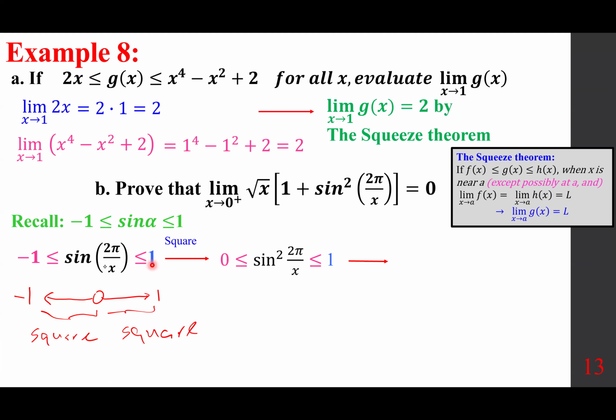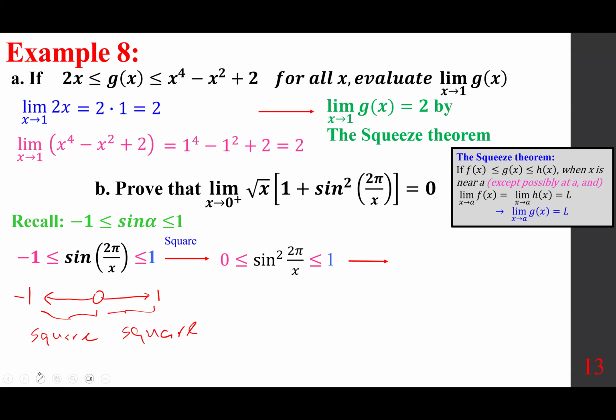If both numbers are positive, for example, this is 2, this is 5, this becomes 4, this becomes 25. But when the number is between negative and positive, then you keep the 0 on one side. Which one do you use when you square? You square both of them, and you keep the larger number. For example, if this is, let's say, -5, when you square it becomes positive 25, it's from 0 to 25, just to let you know.